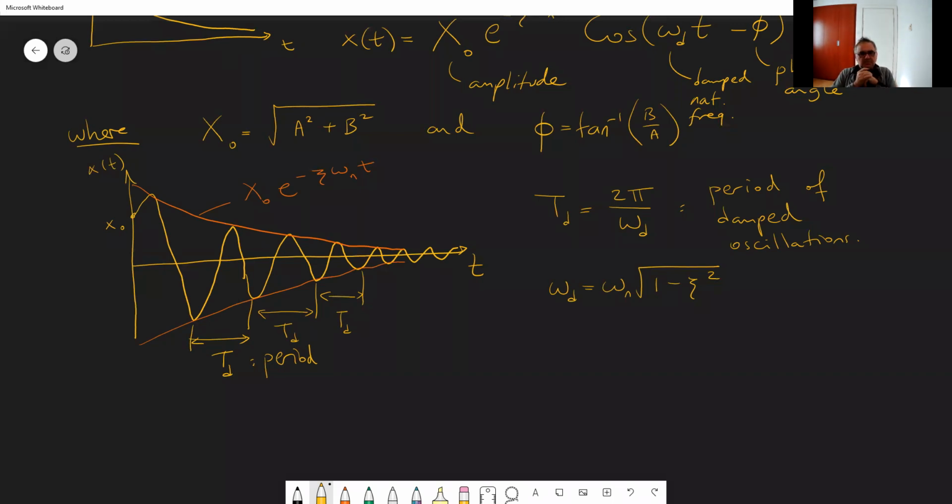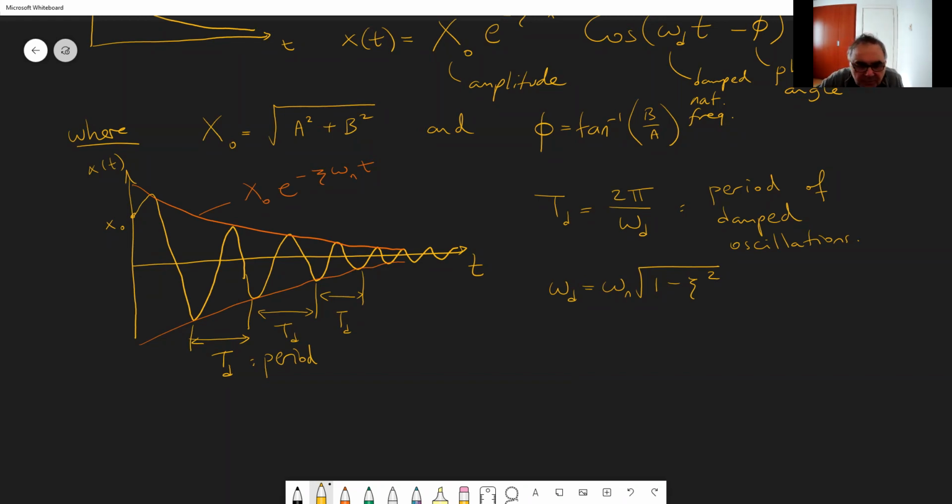Okay, so this is what we get when you have damped vibrations, when you have damping on the system. The damping dissipates energy, therefore you get less and less vibrations.